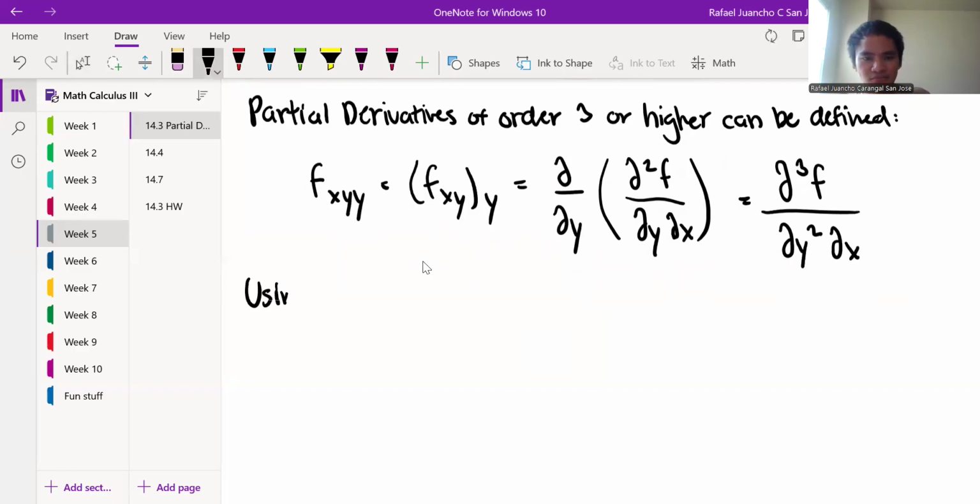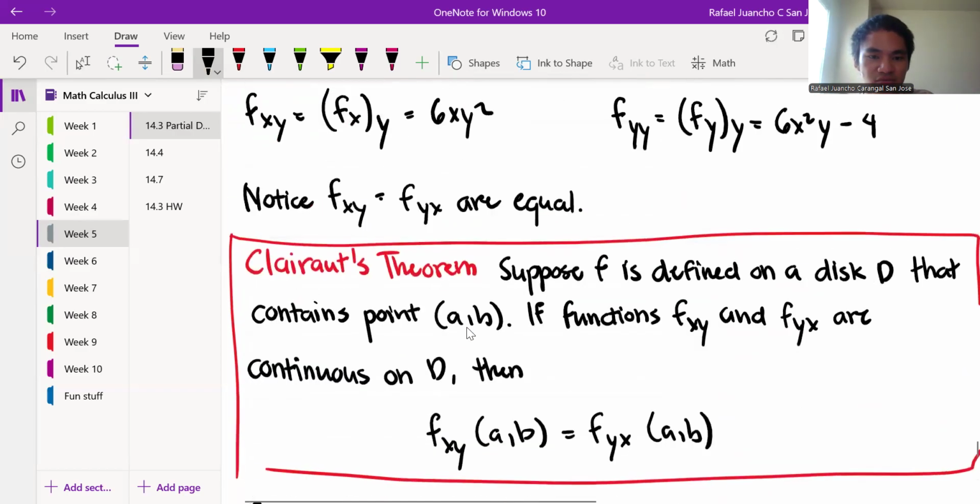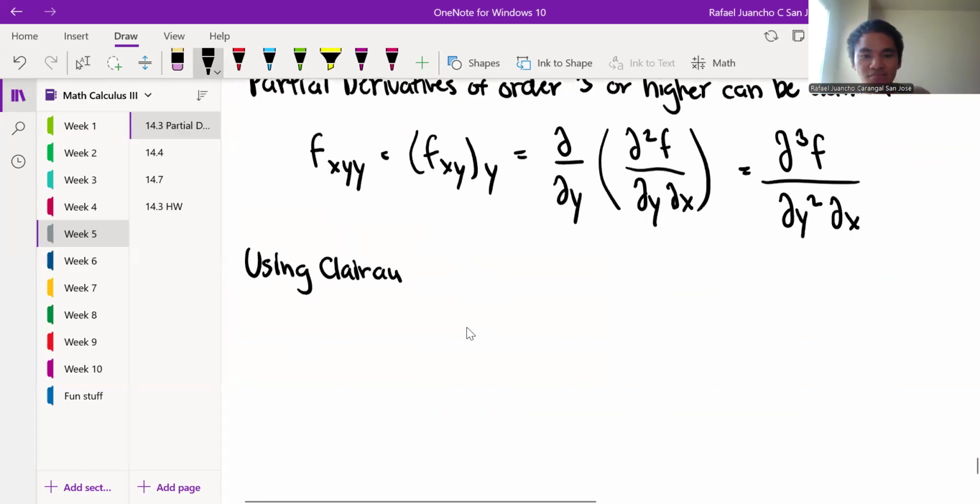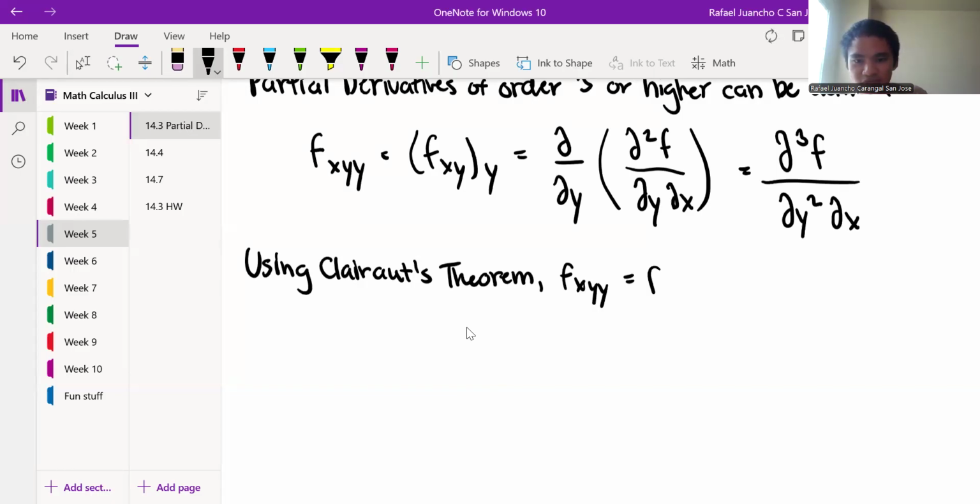Let's say we use Clairaut's theorem. We say that this third order derivative could be switched around if we can see that these functions are continuous.